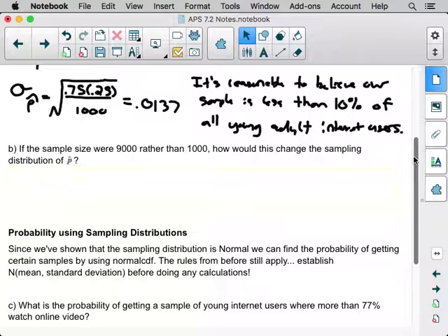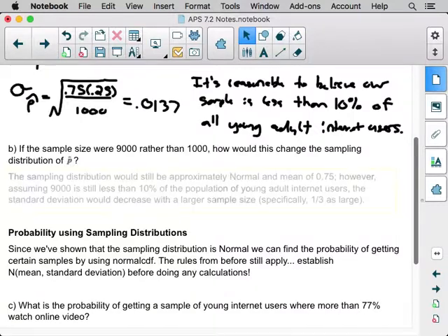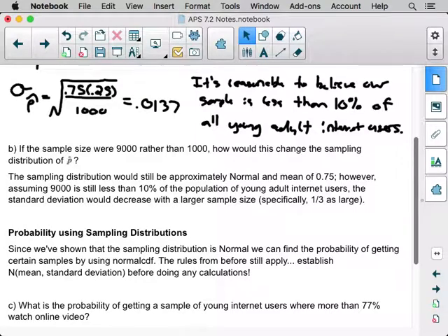So it's not going to actually decrease it by 9, is it? Because that's inside the square root. If I increase this to be 9 times bigger, because that's in the square root, how many times smaller is my standard deviation? 3. Okay, so just something to keep in mind.